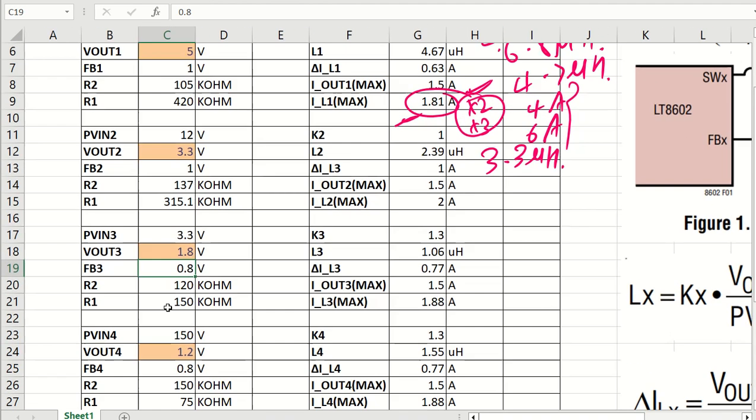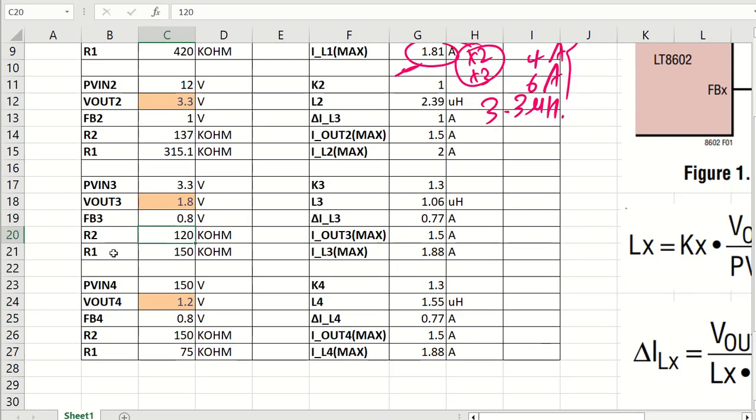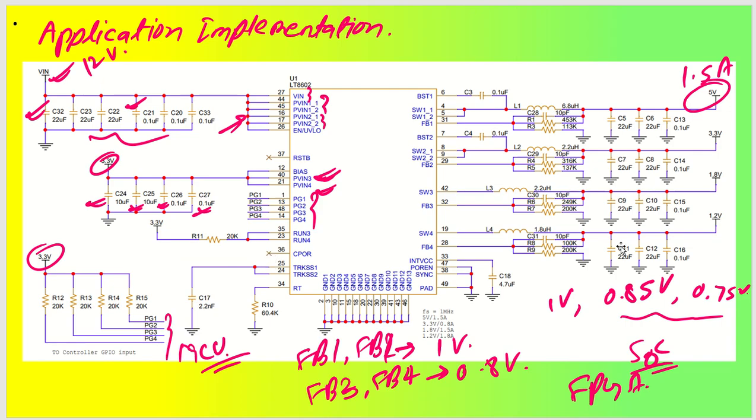So let us say I want to use R2 as 120 kilo ohm, then R1 will be calculated to 150 kilo ohm. Okay, so this is how you can change your values based on your calculation. If you want, you can utilize some other values as well, no problem. Let us say in the data sheet it was given to be, how much? 200 kilo ohm, so it is going to calculate as 249 kilo ohm.